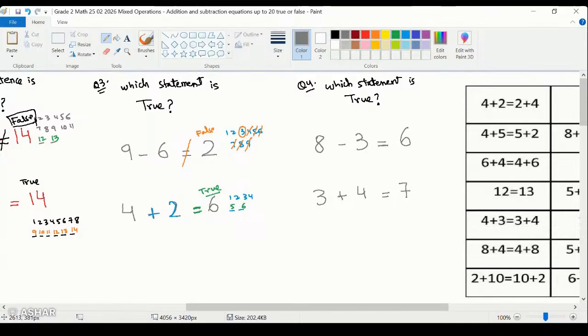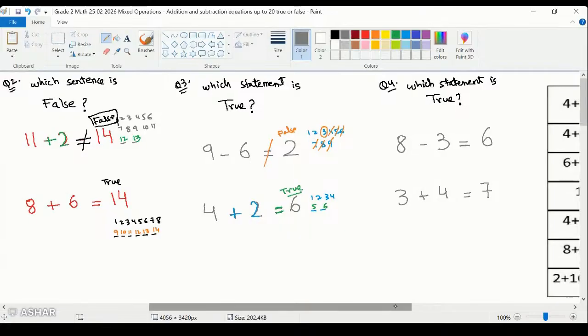If these two statements were given to us, we need to find which of these two statements are true.